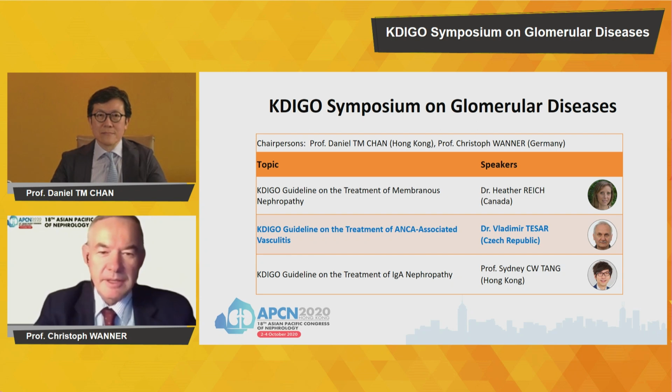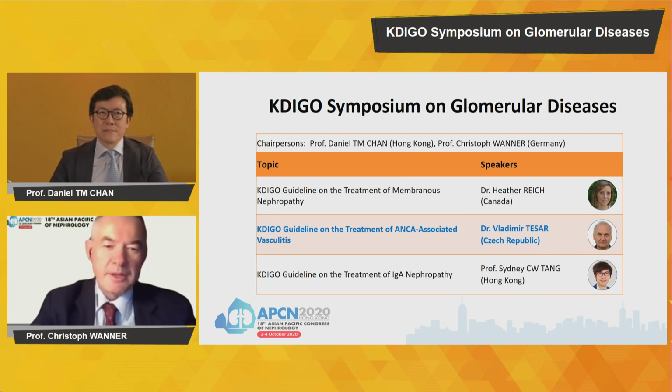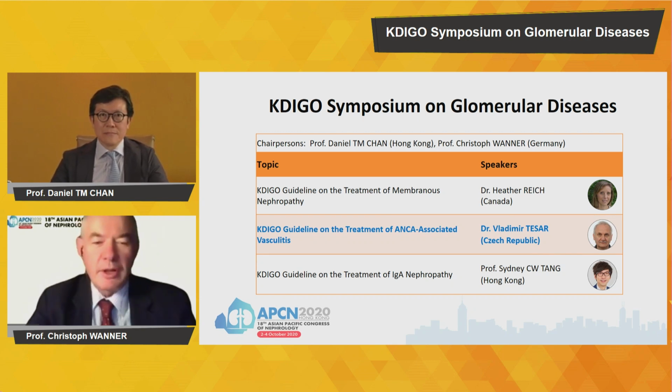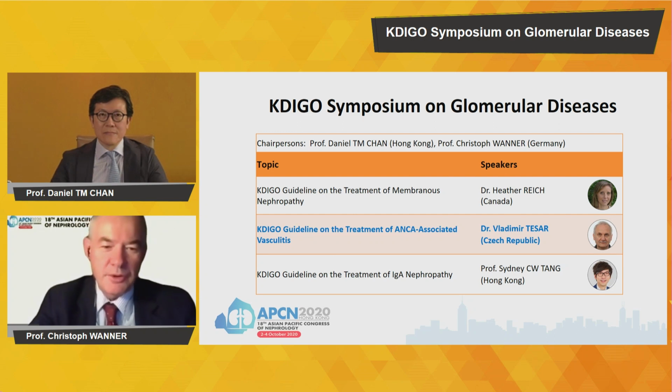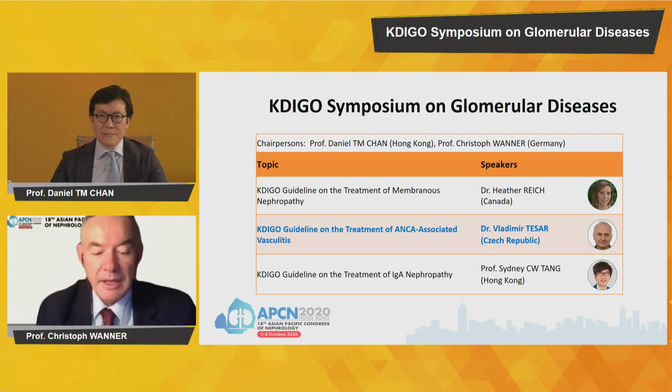I think he has the most knowledge in this field in Europe. He was a long-standing member of the Council of the ERA-EDTA and has lectured multiple times on this topic. He will now lecture about KDIGO guidelines in the treatment of ANCA-associated vasculitis. Please, Vladimir, your lecture. Thank you.